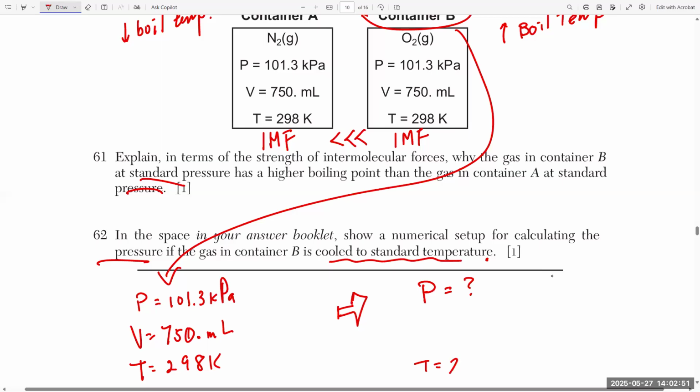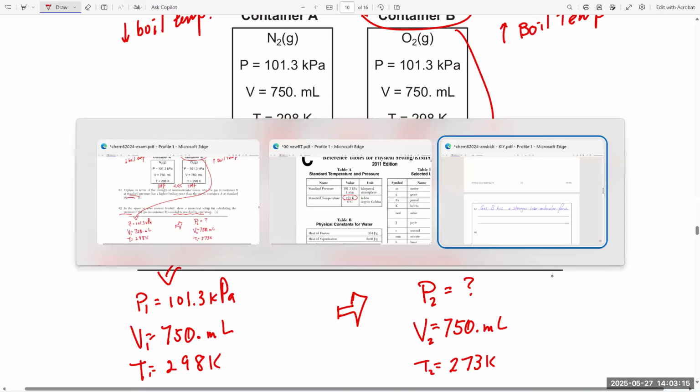So it'd be 273 kelvins. Because it didn't say anything here, you assume that the volume is still the same. Remember, this is a gas law problem, so this is condition 1, and that would be condition 2. And this is our shopping list.